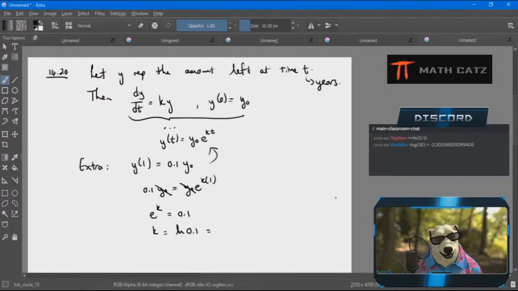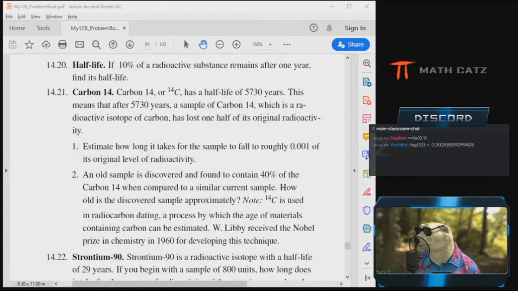I get negative 2.30 if I round to 2 decimal places. So now I have my k value that I can put in there in my function whenever I need to. Actually, let's just check the question. They don't give me everything, so I can't answer all kinds of questions.